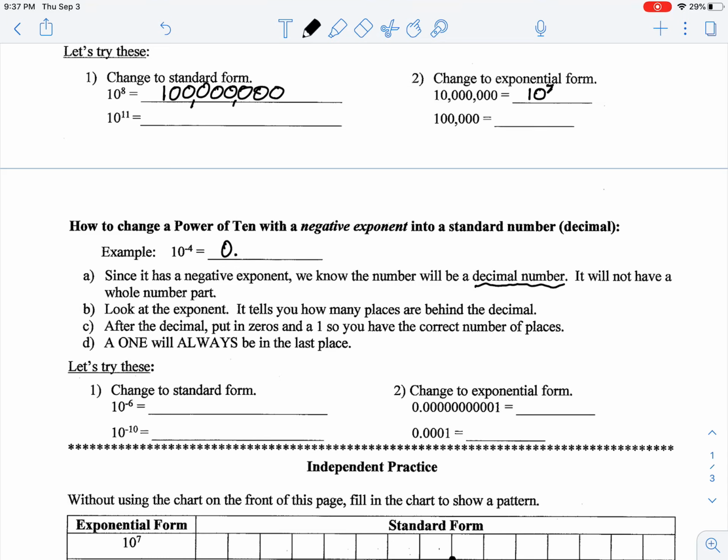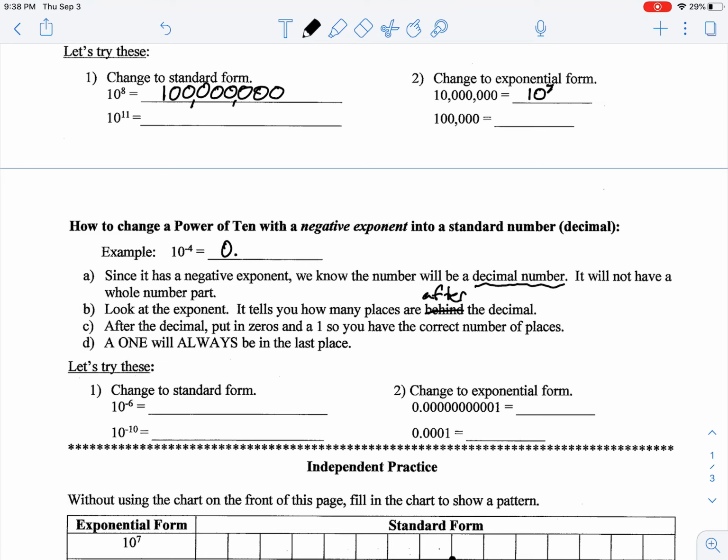So we're going to take a look at our exponent. This is going to tell us how many places are after the decimal. After the decimal, we're going to put in zeros and a 1 so that we have the correct number of places.